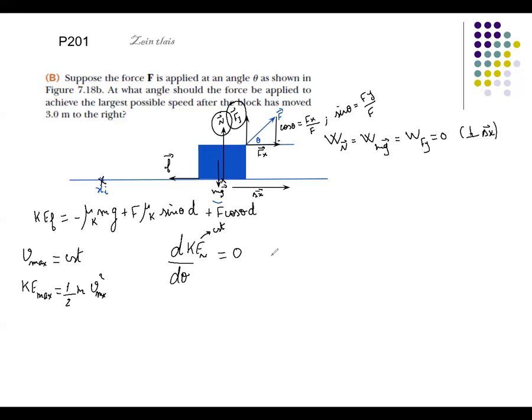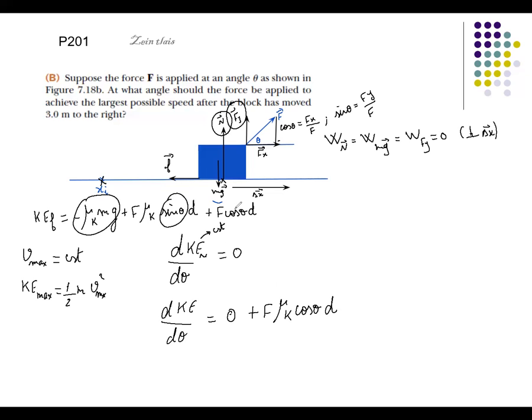Okay. Here, d kinetic energy d theta equals, this is a constant, so equals 0, plus the derivative of sine theta equals cosine theta. We get F mu kinetic cosine theta d.